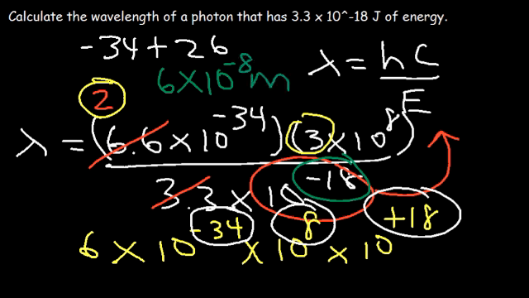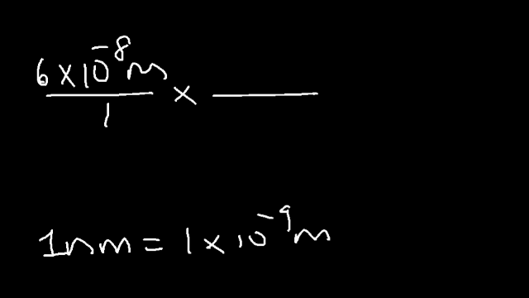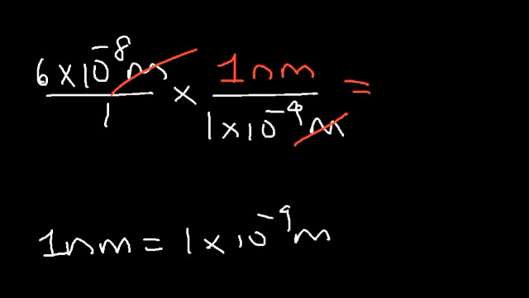But sometimes we may need to convert that into nanometers. So let's go ahead and do that. Now keep in mind, 1 nanometer is equal to 1 times 10 to the negative 9 meters. So let's put the meters on the bottom so that these units will cancel. And we're going to place 1 nanometer on top. So we've got to divide these numbers. 6 divided by 1, well, that's just 6.